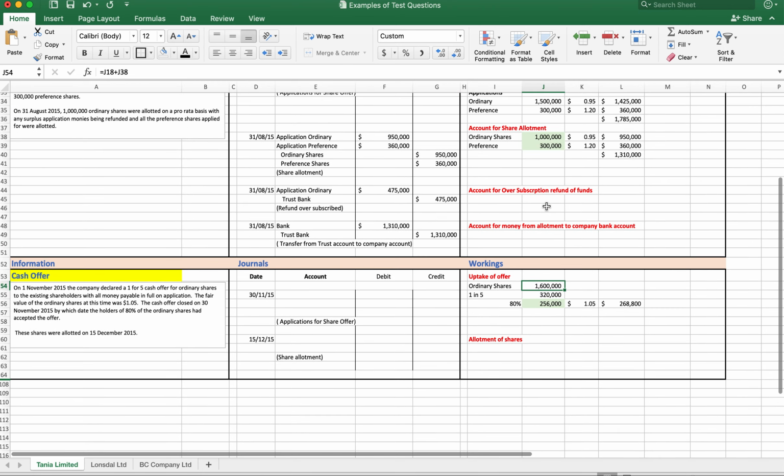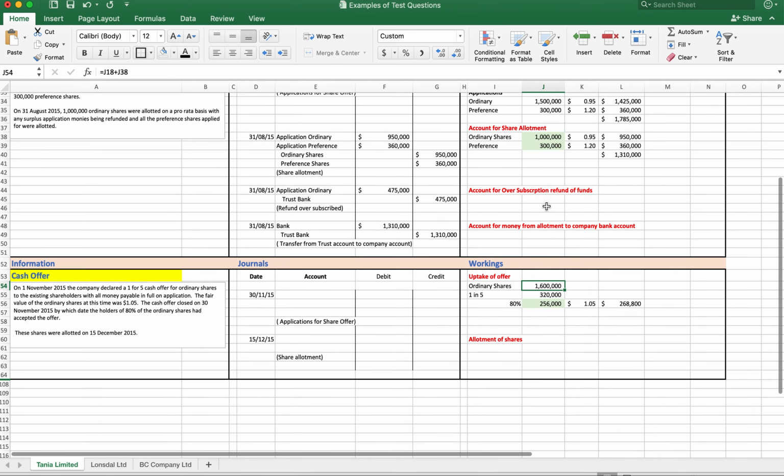It's always good to have workings with what you've done before so you can keep track. Then we went to the public and sold another 1 million. So that means we've got 1.6 million ordinary shares. We've also got 350,000 preference, but we don't need to know that right now. So that's how many ordinary shares we've got.